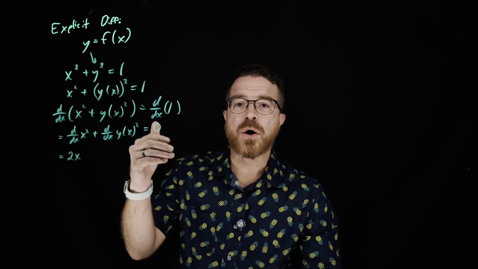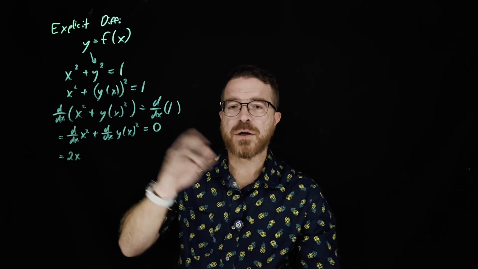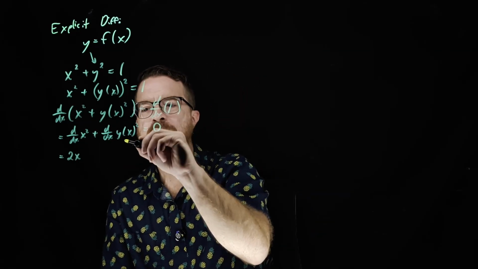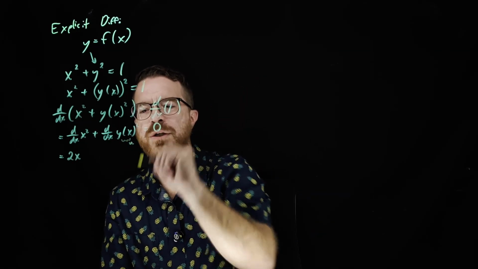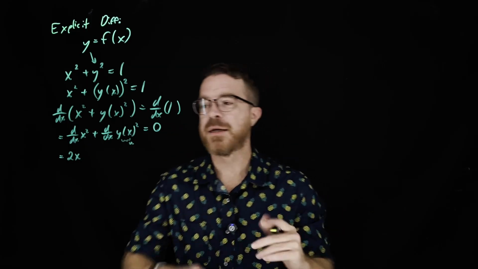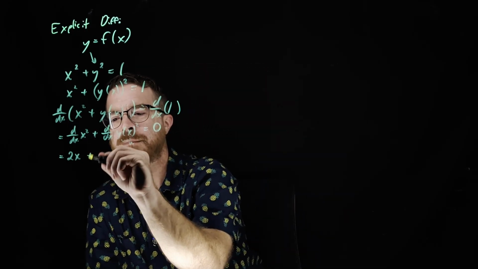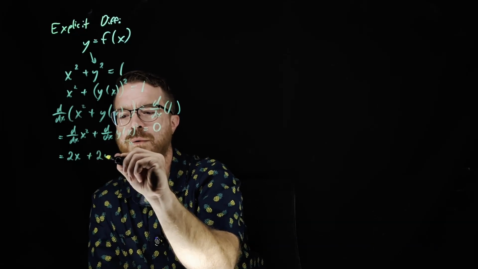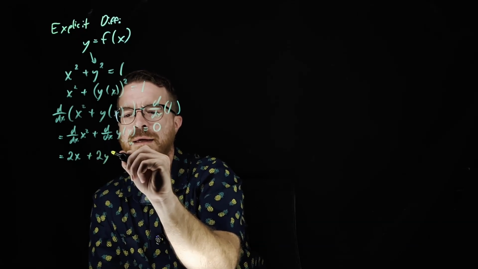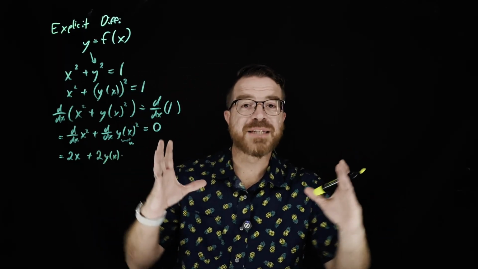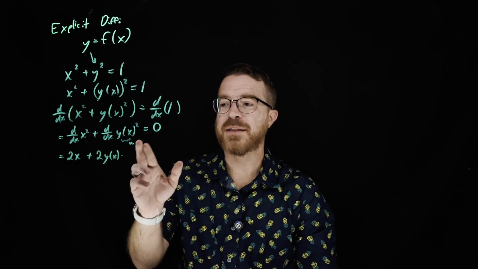Now when we do our y of x squared, what we need to do is treat this just like with the chain rule, sort of think of this as a u, right? We're not going to change it. We're just going to do the derivative of the outside. So this is going to be plus 2, leave the inside alone, so y of x, times, now, just like the chain rule, we have to take the derivative of what's inside that chain, in this case, u.